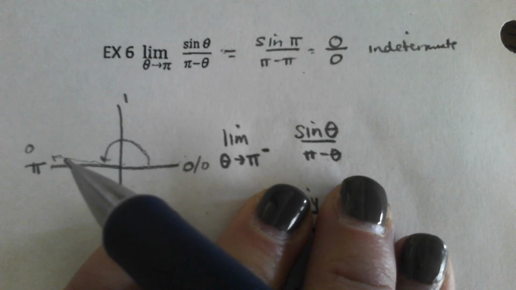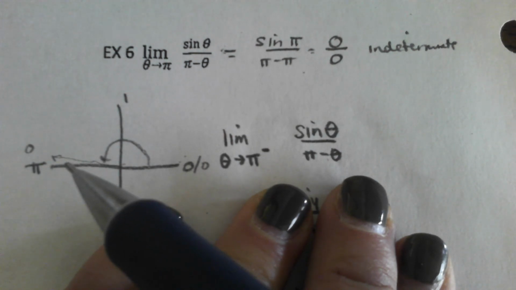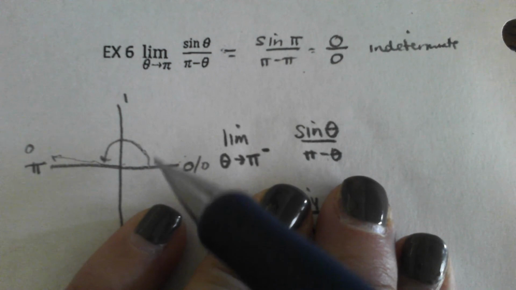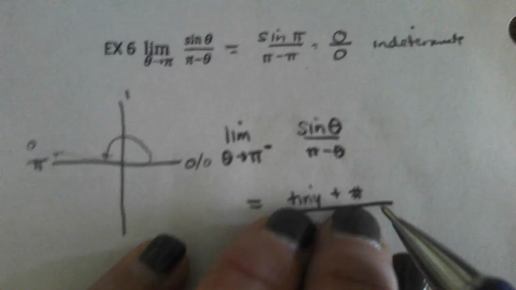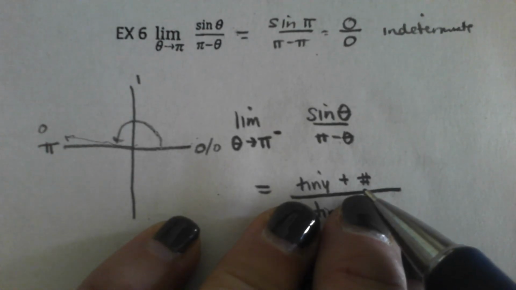So if you're plugging in something slightly to the left of pi, the sine of it is going to be a teeny tiny positive number. Yes? Because it is in its progression from 0 up to 1 and then back down to 0, but it's right before it gets back down to 0. So the numerator is a tiny positive number.